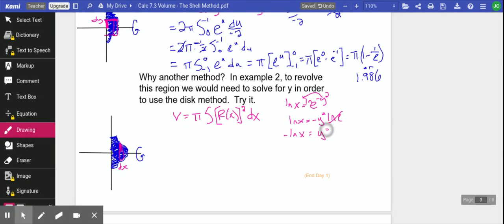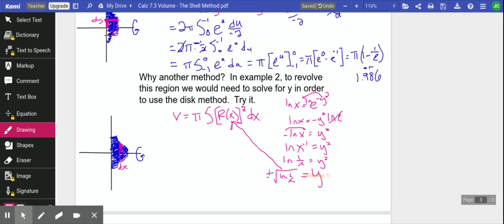And then I'm going to pop this up here using my properties of logarithms. So this is natural log of x to the -1, which I can rewrite as natural log of 1 over x. And finally, I'm going to take the square root of both sides. So I get plus or minus the square root of natural log of 1 over x. So that's my function for the radius that we would need to plug in here.